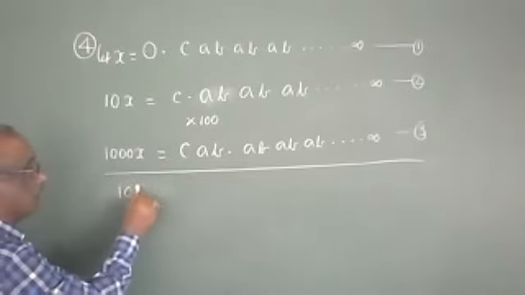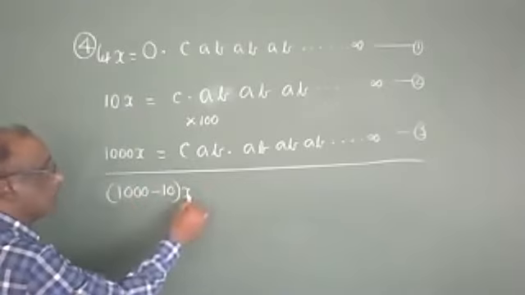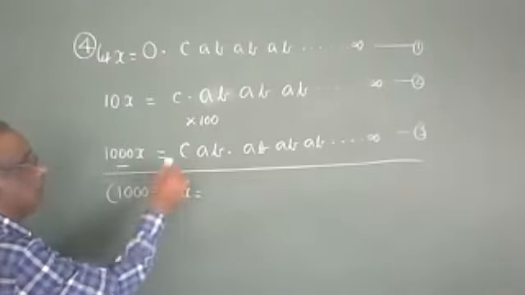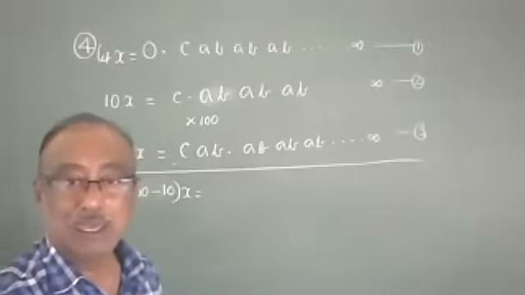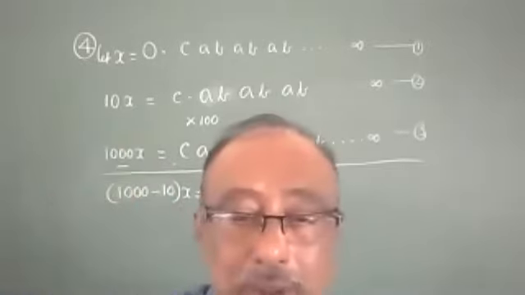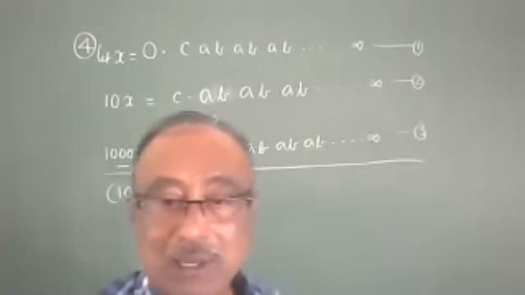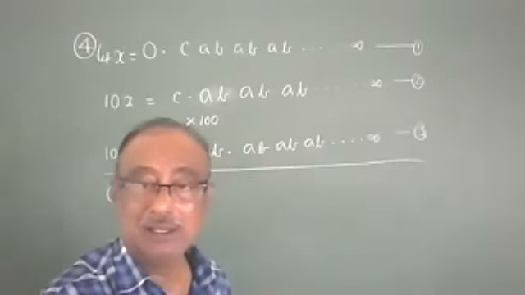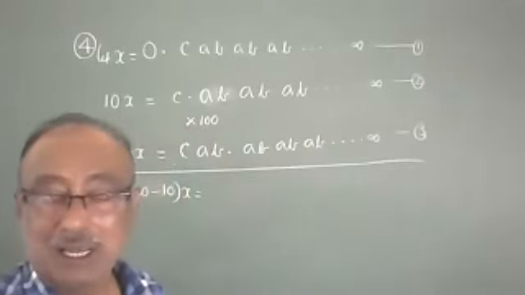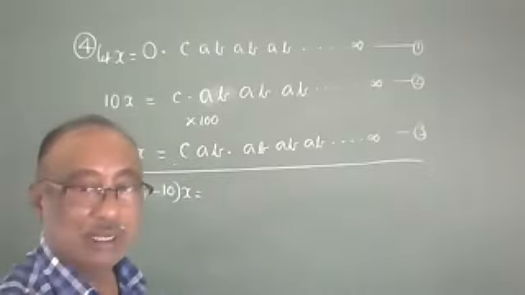X is common: (1000 minus 10) times x. The ABs are all after the decimal point.